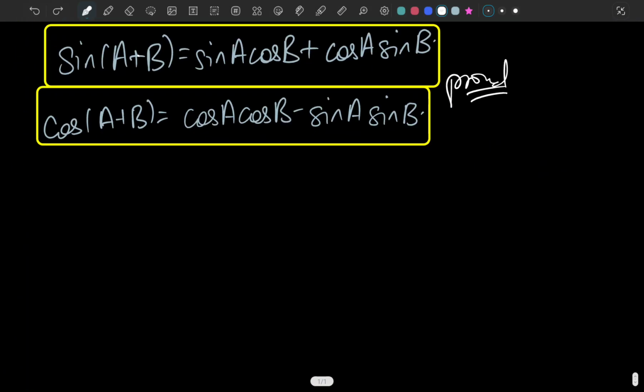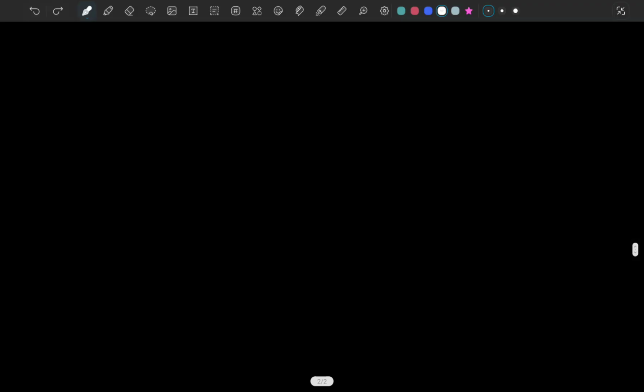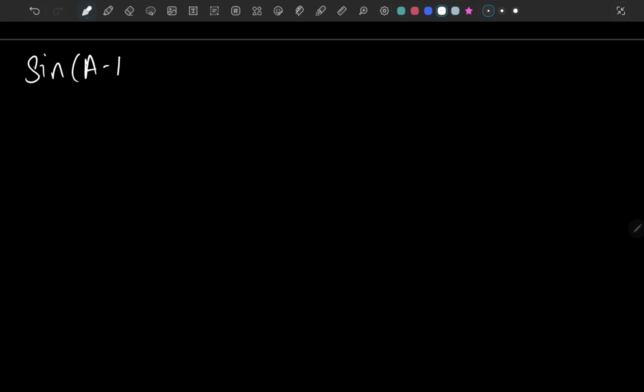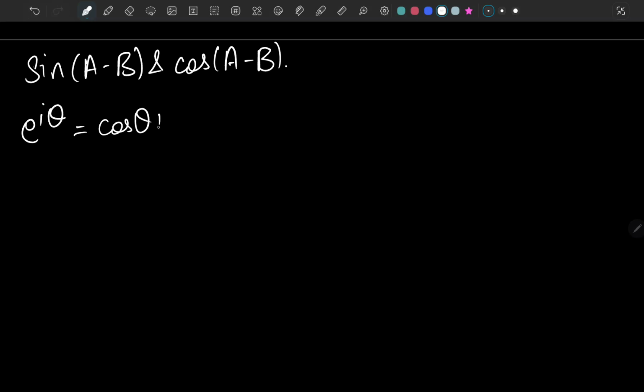So let me just change the page. I'm looking for sine of a minus b and cosine of a minus b using Euler's formula: e to the I theta equals cosine of theta plus I sine of theta.